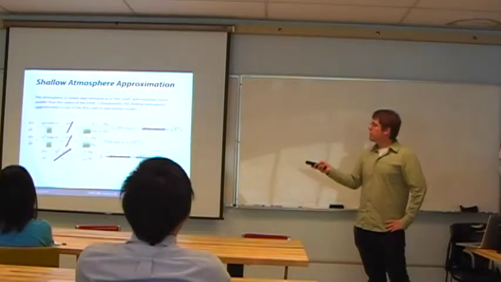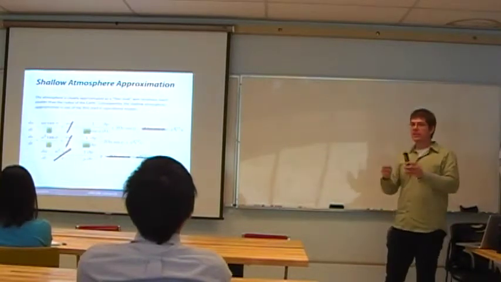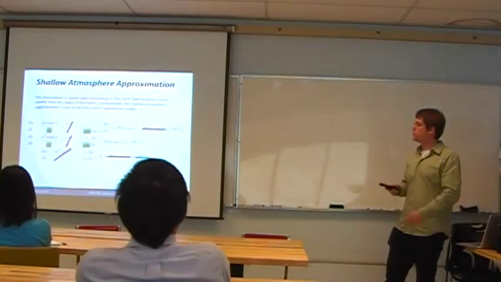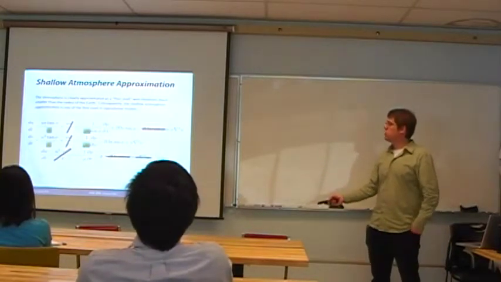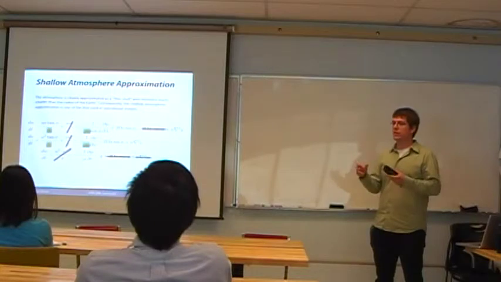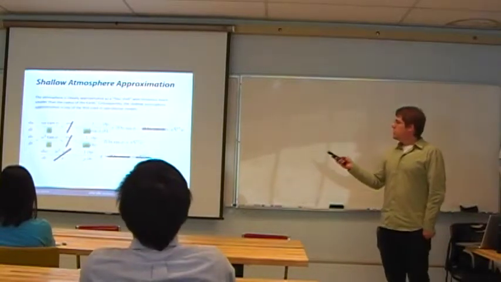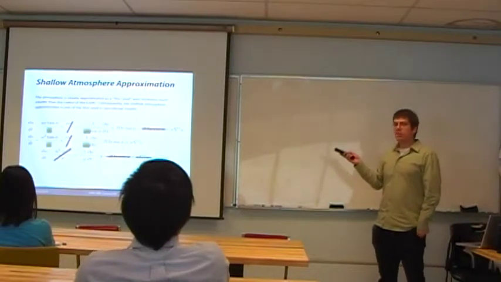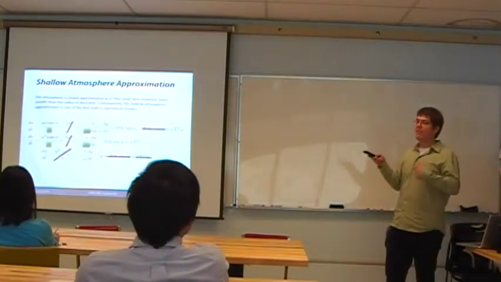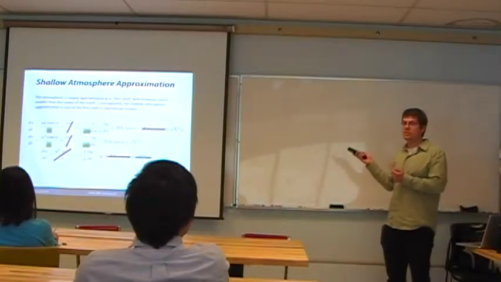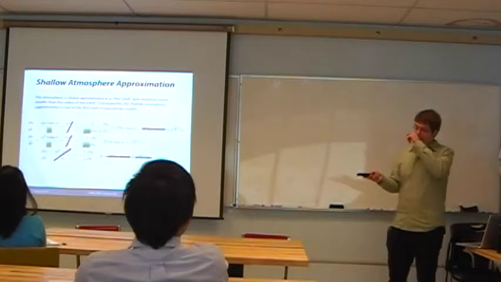This approximation closely approximates the atmosphere as a thin shell existing along a much larger spherical surface. Namely, the thickness of the shell in this case has to be much smaller than the radius of the Earth, so the vertical scale has to be much smaller than the horizontal scale. This is one of the first that is used in any operational model. There are only a few models out there that have the option of using a deep atmosphere approximation. But in operational mode, they will almost always run as a shallow atmosphere.